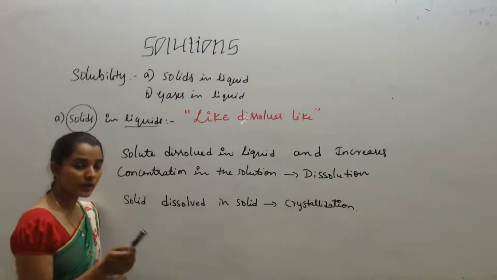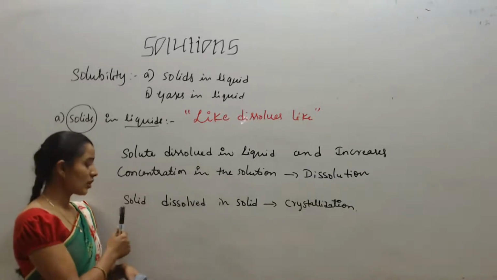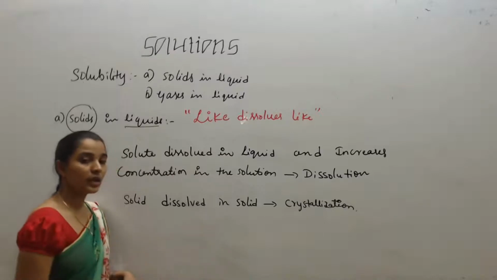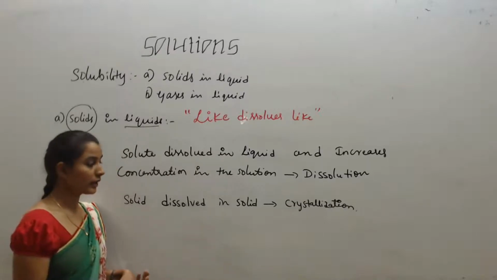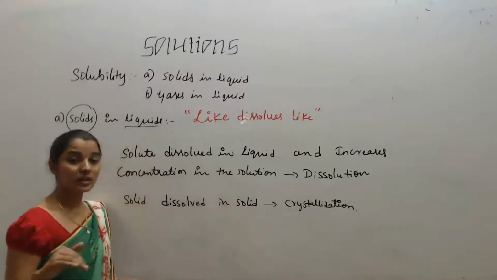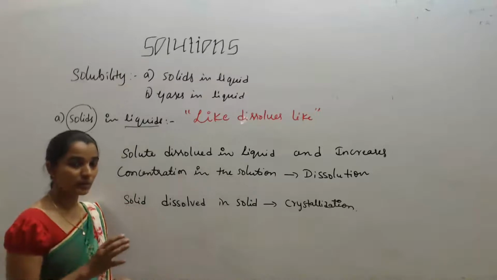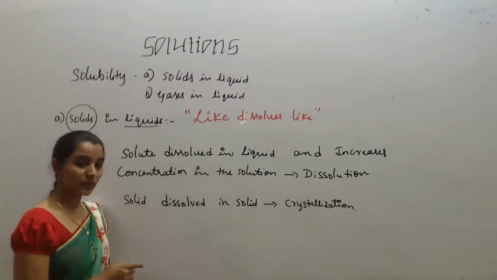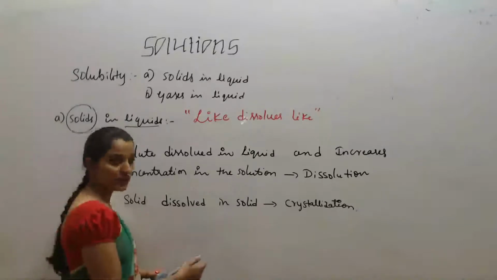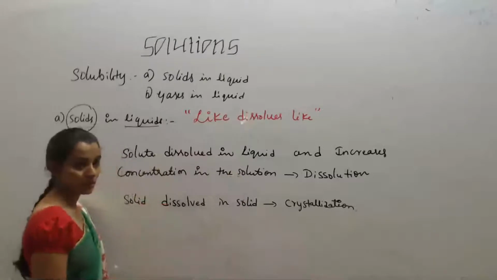The solute particles present are combined with any other solid compound, and they separate out, crystallize out. Sometimes we will get a precipitate, right? That precipitate may be what? The solid which is already present in the solution is mixed up with the solid in the added solvent, then that is called as what?